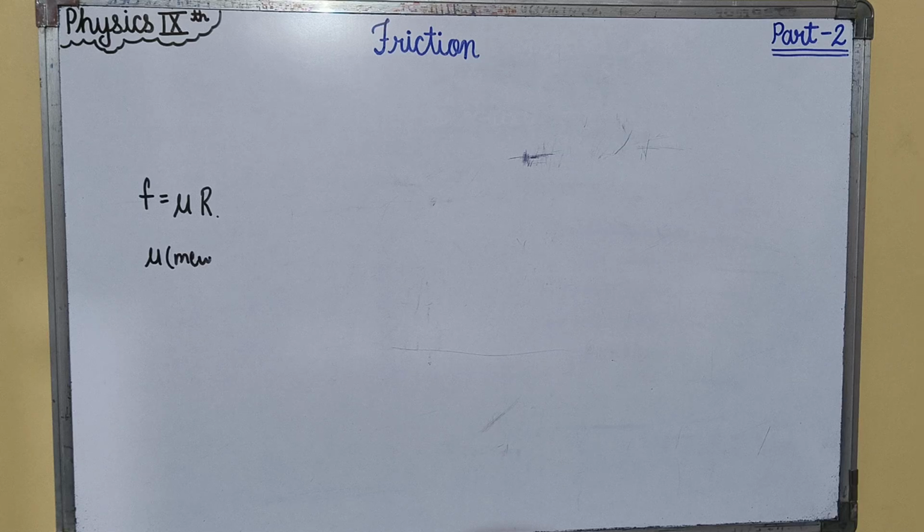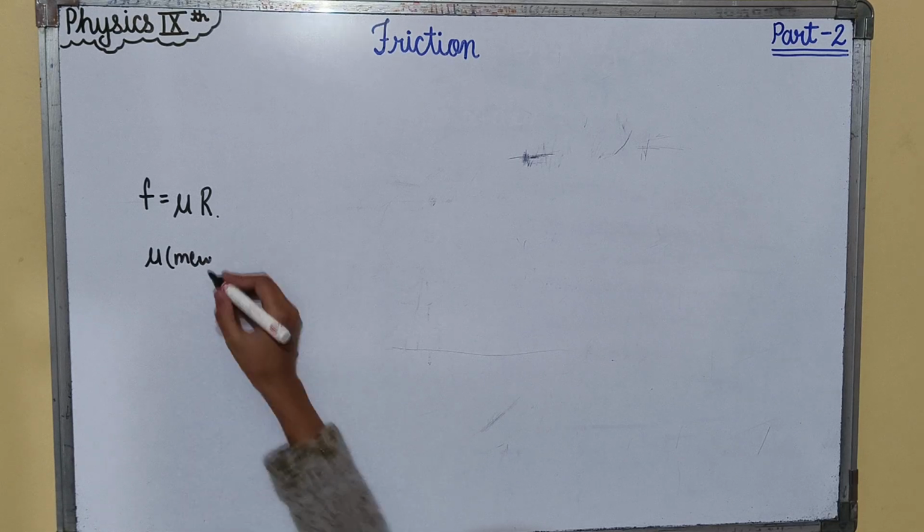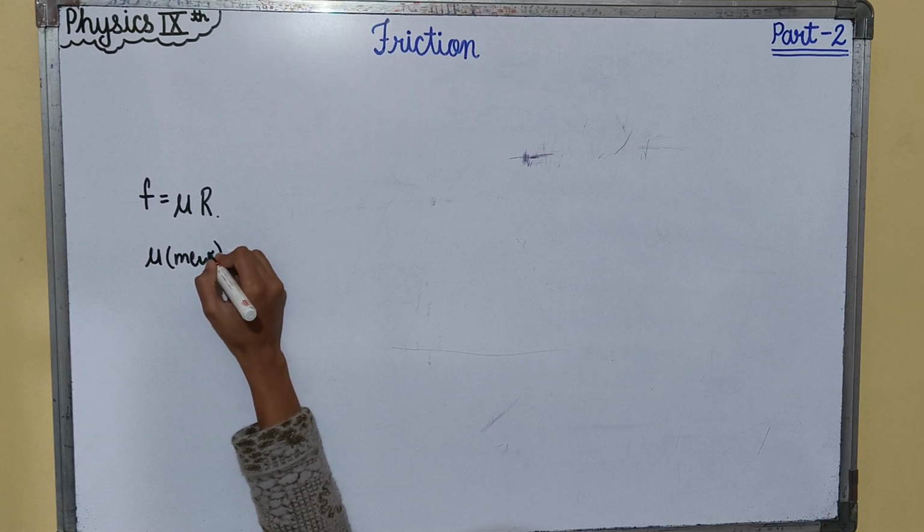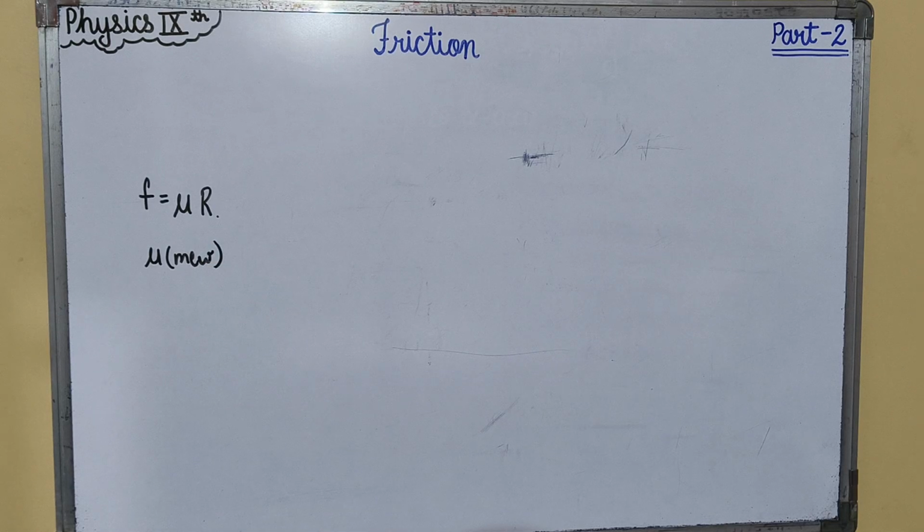Mu is the proportionality constant called coefficient of friction. So the coefficient of friction is the ratio of the magnitude of the two forces. Hence it has no units.